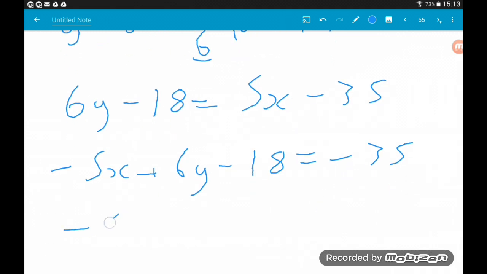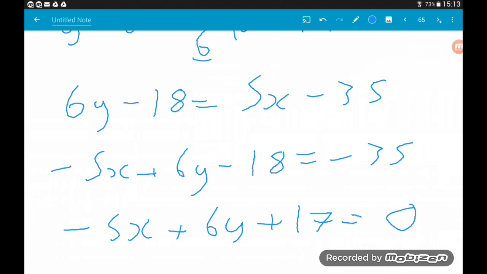So we get minus 5x plus 6y plus 17 is equal to 0. There's our equation. Remember, you can always check it by substituting in one of the pairs of coordinates, making sure it works.